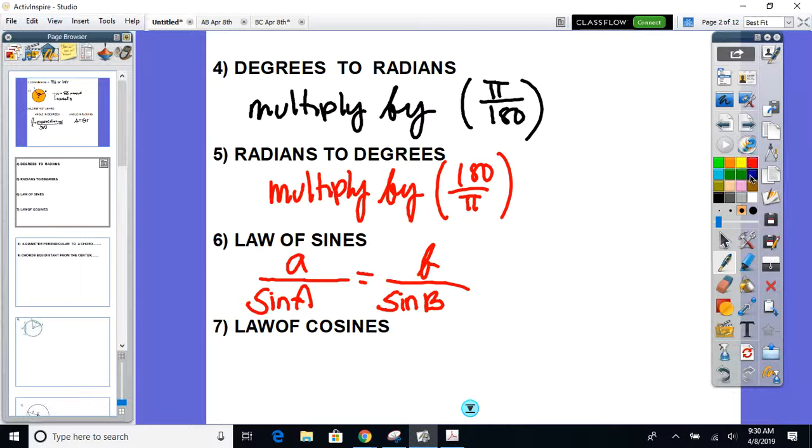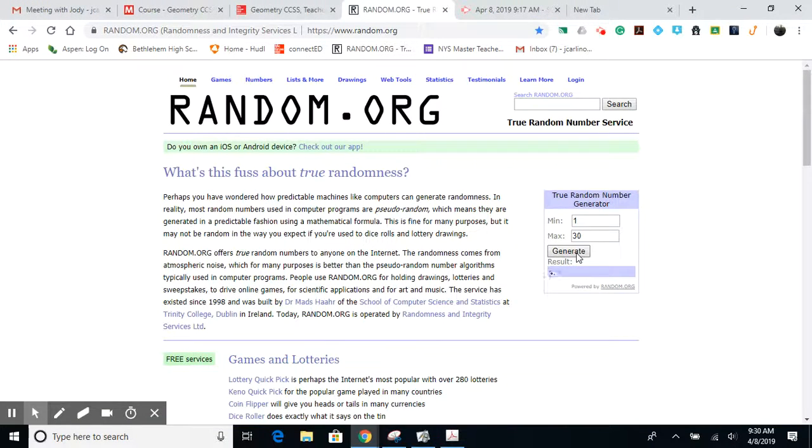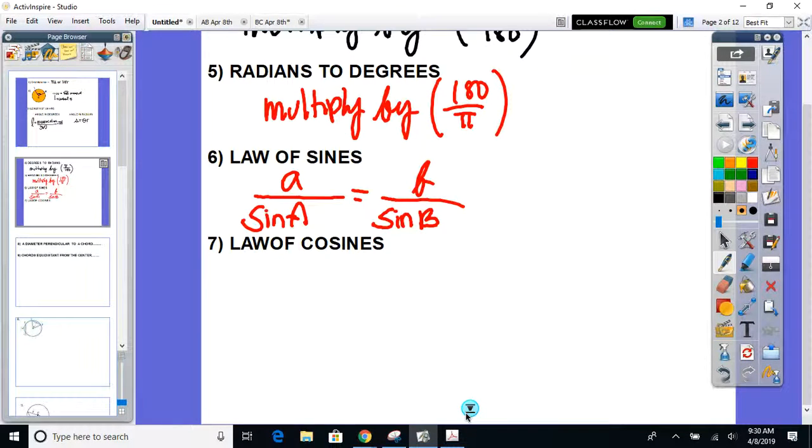Law of cosines. Law of cosines. 4, law of cosines. Okay, it's in your packet from Friday. Let's go. What's a squared?